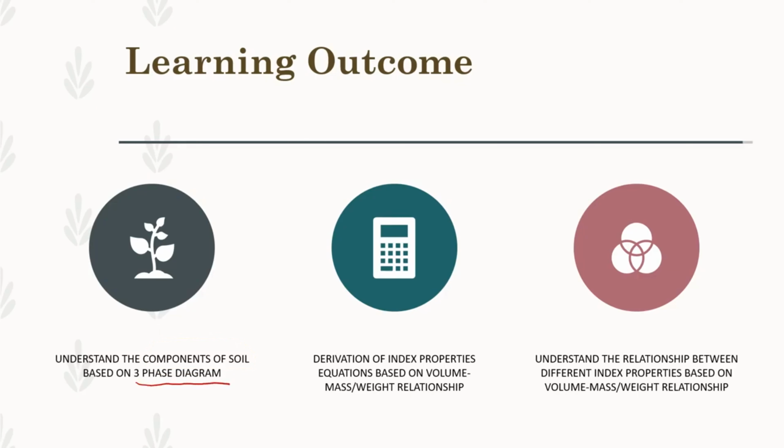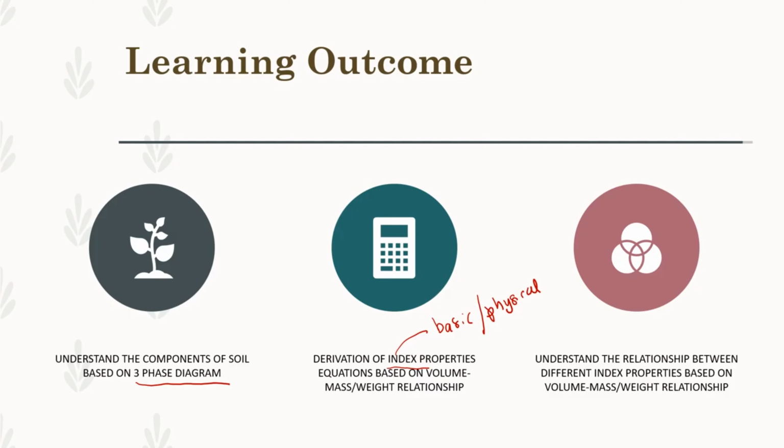And from the separation of the soil components into the phase diagram, we will introduce the student to the index parameters, also known as basic parameters, or some references denote them as physical parameters or properties.